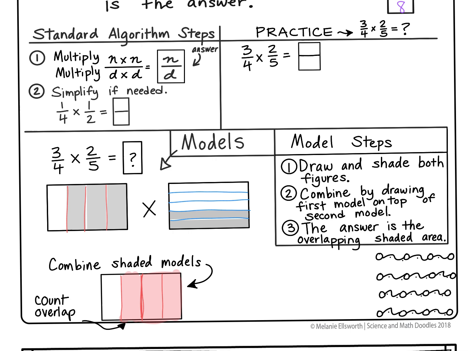So I'm going to do the same thing for this one. I'm going to divide it into 5 equal parts as best I can. My drawing is not perfect. And how many of those 5 parts do I need to shade? 2. It's 2/5. So I'm going to shade these 2 down here, just like how I had in my original. Okay, now I can see that I have 2 different colors overlapping in a few places. It's right here.